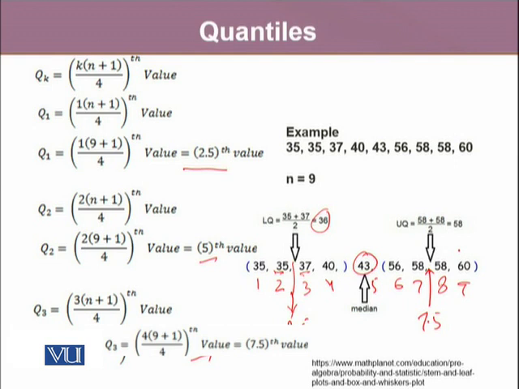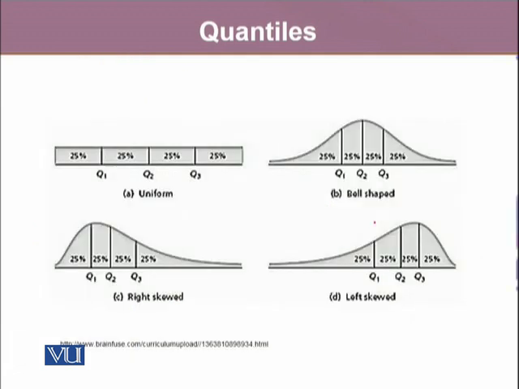So in this data, we got the lower quartile, that is 36, the upper quartile, that is 58, and a median, that is 43. If we look at these different pictures, this first diagram represents a uniform distribution.